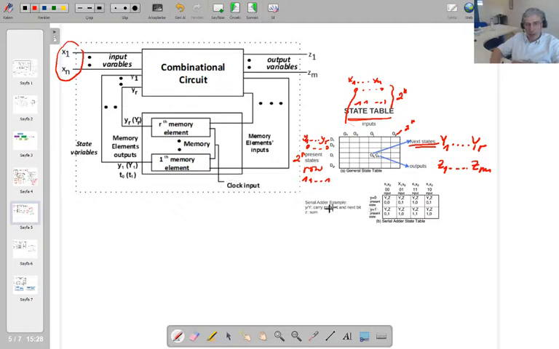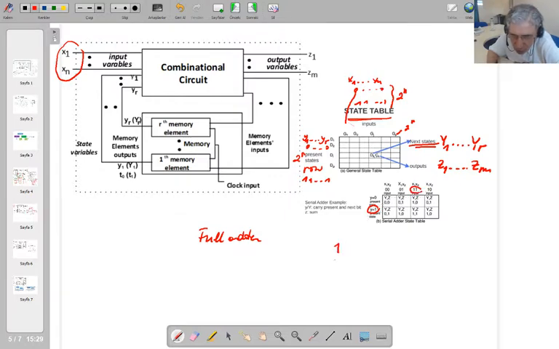So if we apply this state table representation to a 1-bit summation circuit, that means a full adder, you can see it now. We've got one carry variable, 0 or 1, and two independent variables to represent the numbers x1 and x2. Let's consider y1, that means carry is 1, and my input is 1, 1.